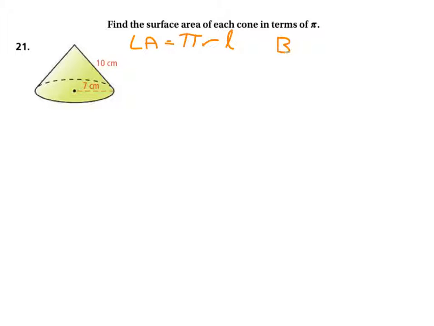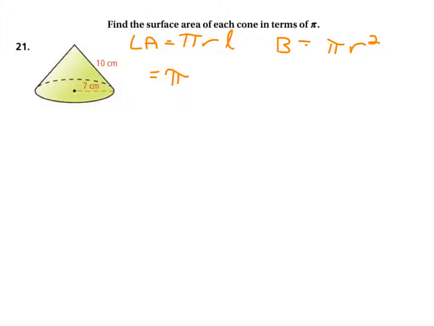Okay, the base formula when it's a circle is pi times the radius squared. Sorry, I'm not getting what I want from this pen right now. Okay, there we go.